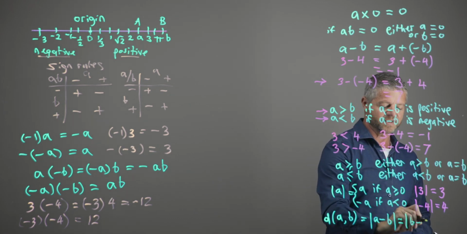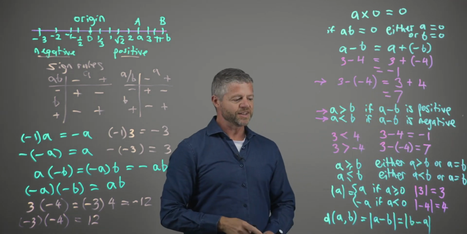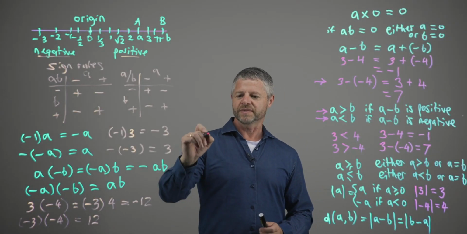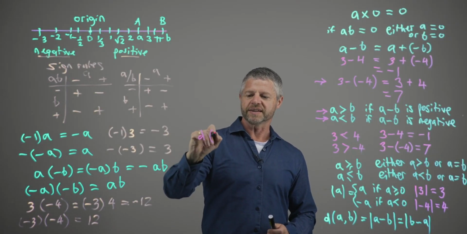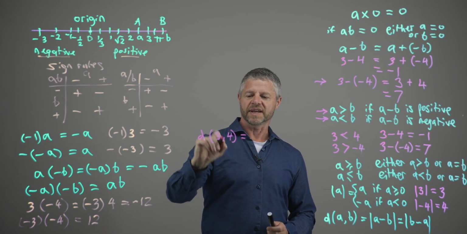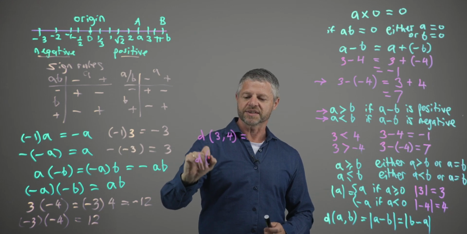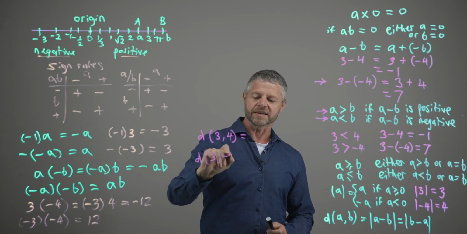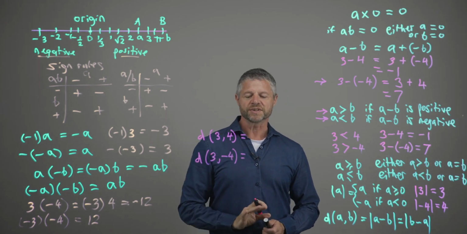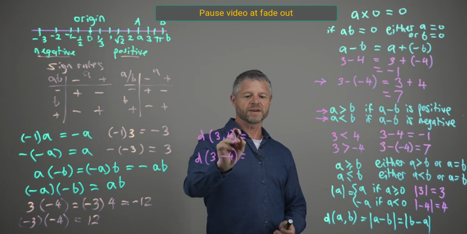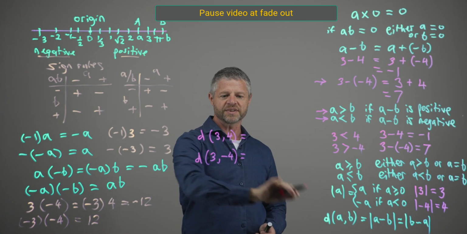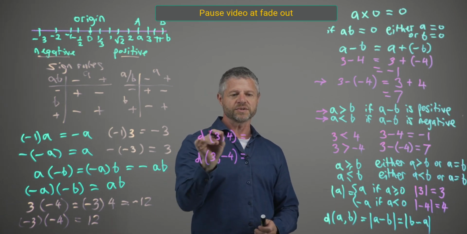It's the same as the absolute value of B minus A. So, for example, we could have the distance between the numbers 3 and 4. And as a second example, we could have the distance between the numbers 3 and minus 4. So just take a moment, pause the video, and apply the definition of distances in terms of absolute values to calculate what these two distances are.